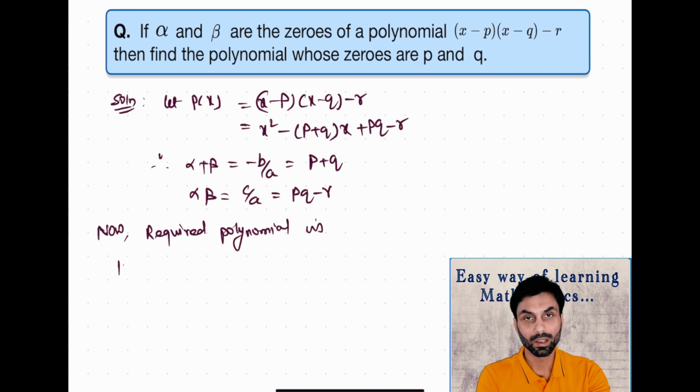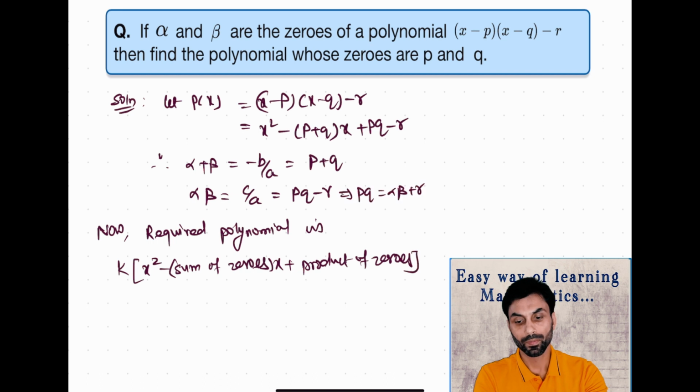is k into x square minus sum of zeros times x plus product of zeros. Now it can be written as k into x square minus sum of the zeros.